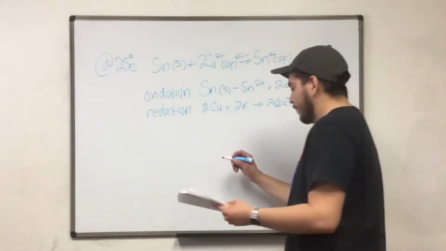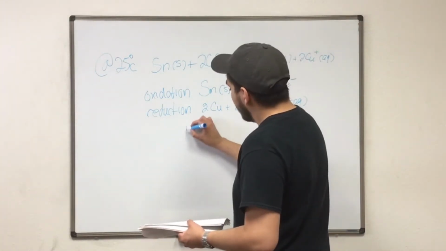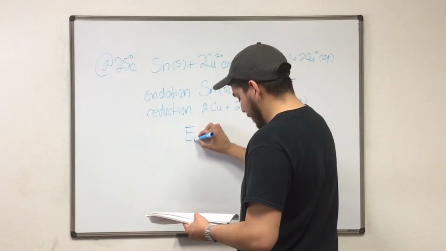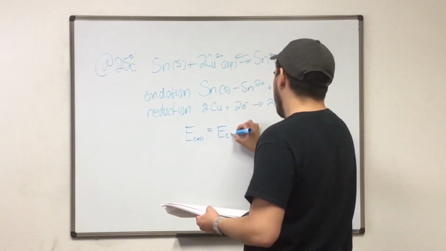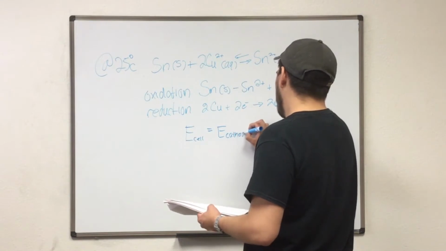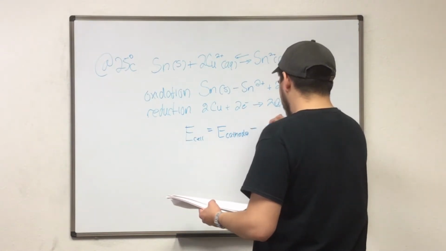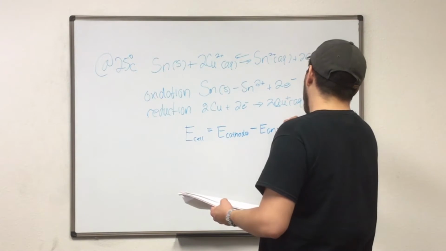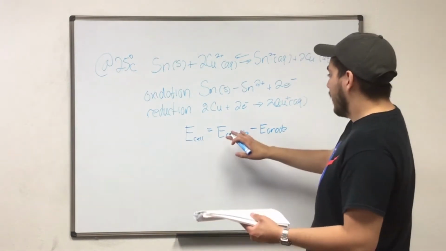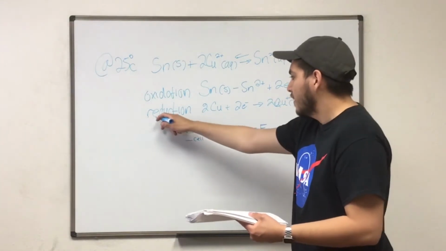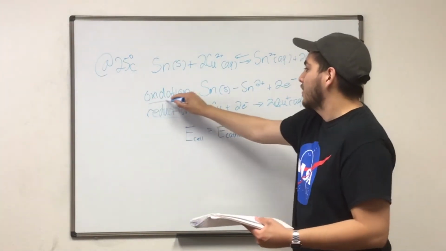Okay, so we're going to see what's next. So we're going to use that formula we just saw. I'm going to get the cathode minus the anode. So the cathode is the solution right here, the reduction, and our anode is the oxidation.